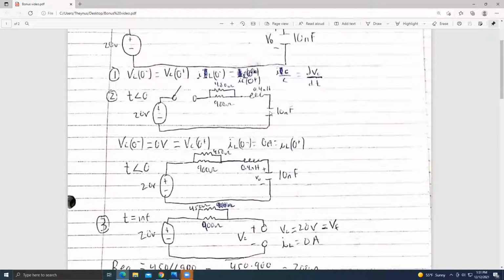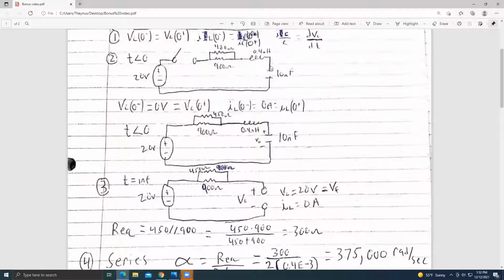Therefore, there is no charge having built up on this capacitor, meaning that we can say that our VC of 0 minus is equal to 0 volts. We can also say, since there's no current flowing through the circuit, that there is no current flowing through our inductor. Therefore, IL of 0 minus is equal to 0 amps.